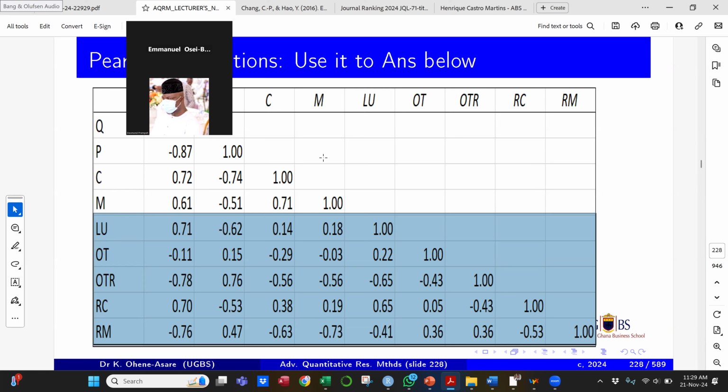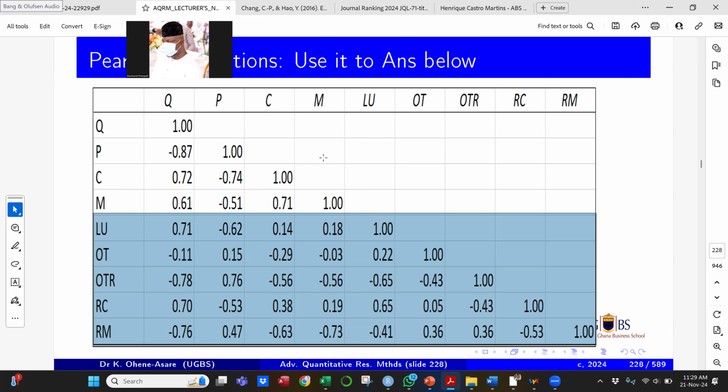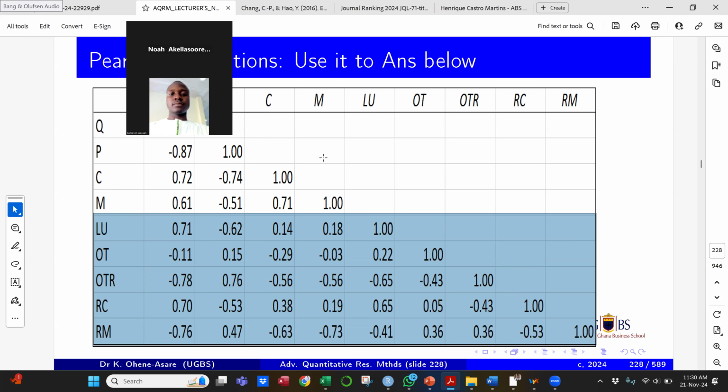M and C, decimal. 0.71. Good. What about RC and RM? I know I said we don't normally focus on dummy ones, but at least tell me the coefficient, Noah. Negative 0.53. Good. So you should learn how to read correlation.